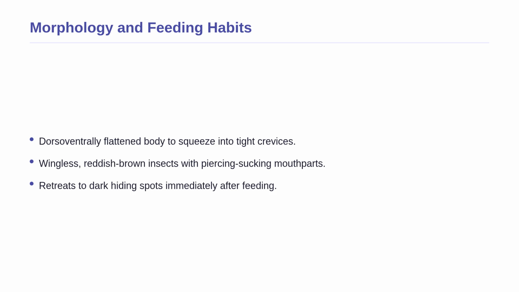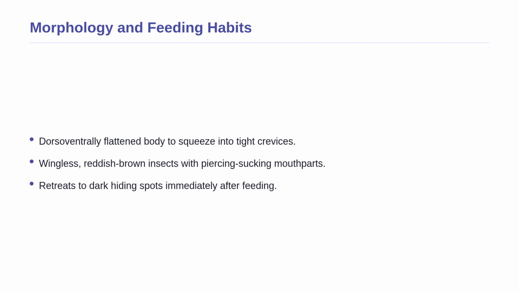Building on their classification, let us look at how their bodies are perfectly adapted for their parasitic lifestyle. Morphologically, bedbugs are dorsoventrally flattened. This means they look like they have been squished flat from top to bottom, which allows them to squeeze into incredibly tight cracks and crevices in your mattress.